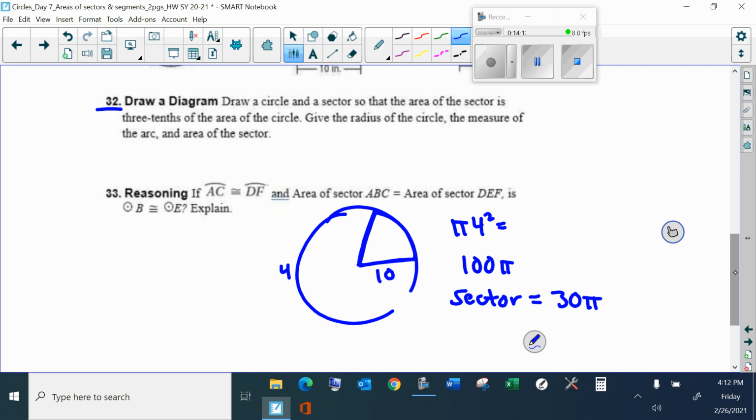Okay. So we know the area of the sector is whatever this degrees is right here, call it x over 360 times pi r squared. Well, we already know what the pi r squared is, 100 pi.